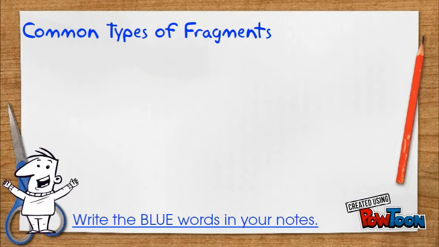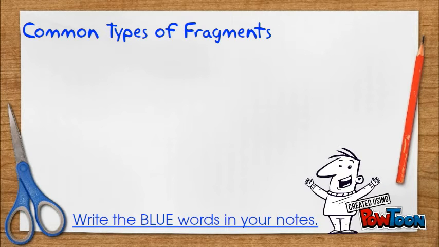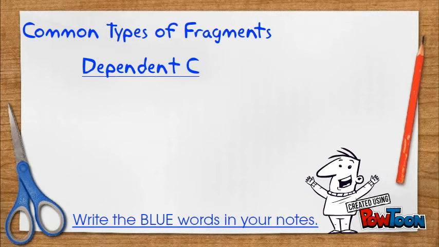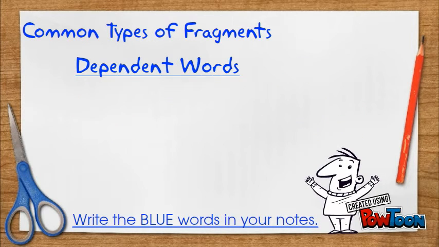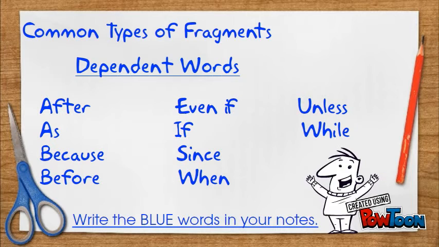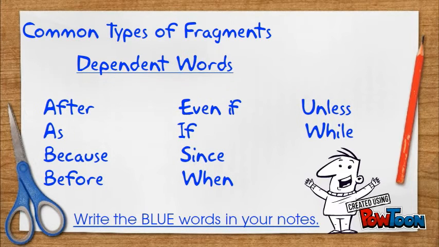Even though it has a subject and a verb, Jorge enjoys doesn't express much. Now, let's look at some common types of fragments. The first type of fragment is the dependent clause. This happens when using a dependent word in the beginning of a sentence. Some common dependent words include after, as, because, before, even if, since, when, unless, and while.